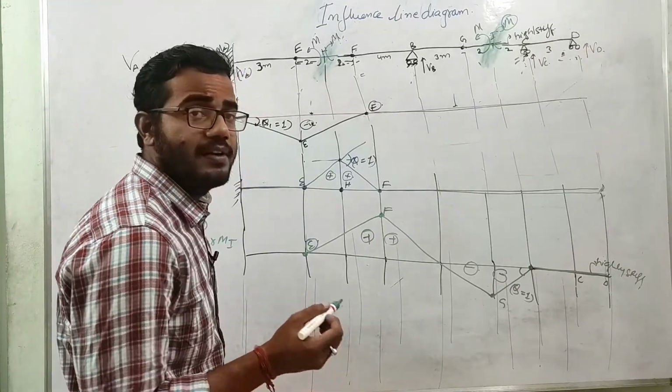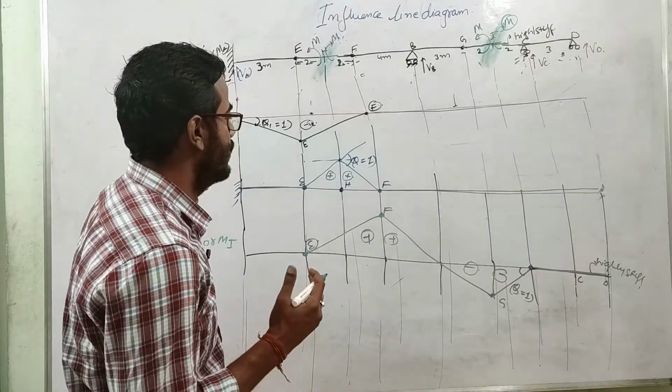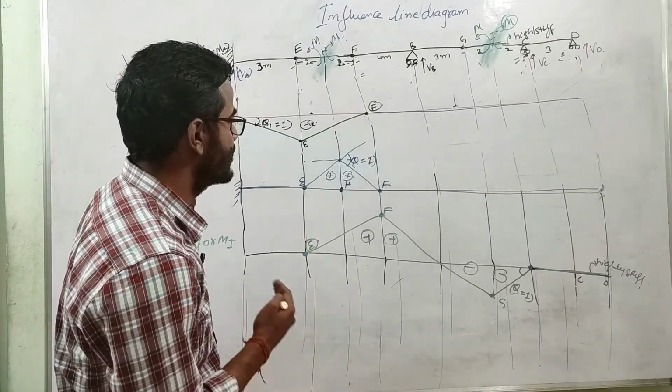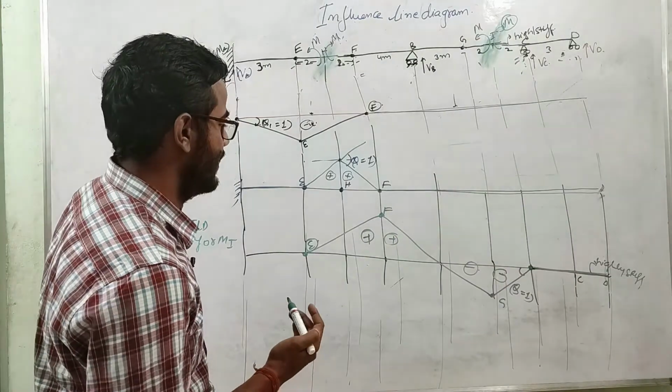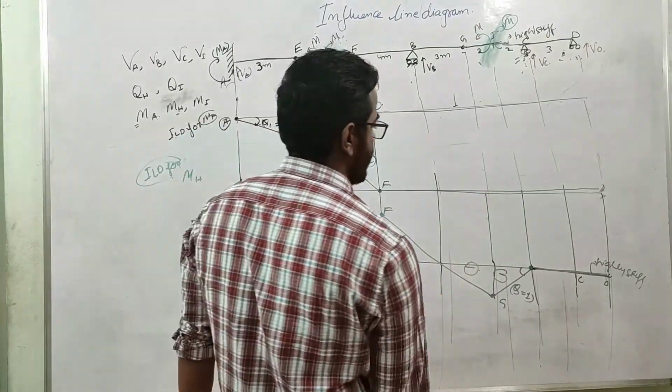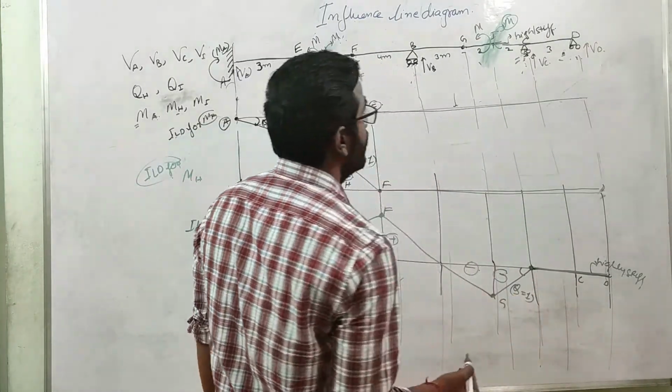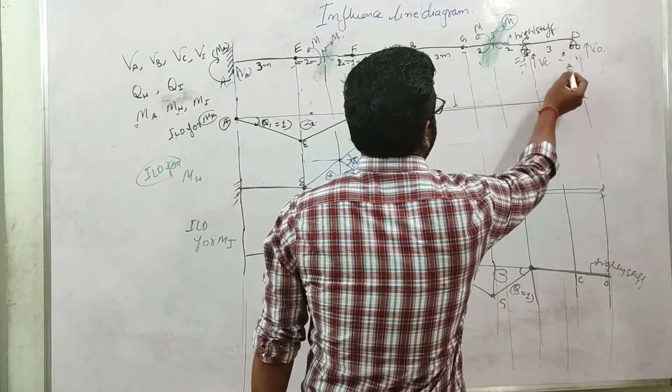In a determinate structure we need to keep in mind that the deflection diagram only comprises straight lines. So all these lines are straight lines. At this point the movement is not allowed because it is restricted by these 2 supports.